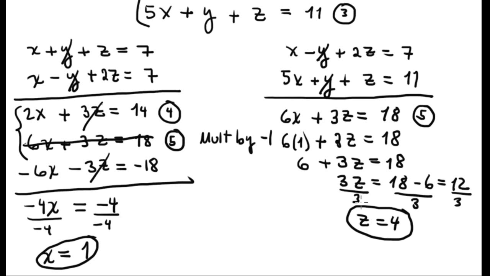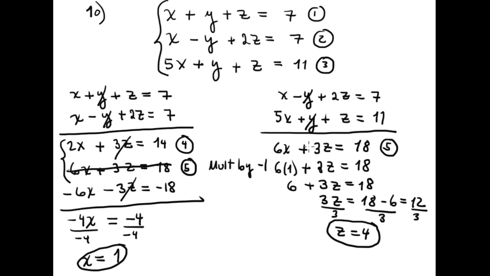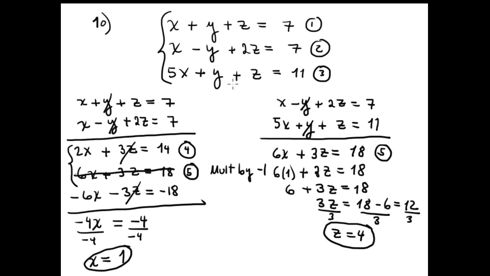Okay, now for finding the last variable, y, you can use either equation number 1, number 2, or number 3. I select the easiest, in my opinion, number 1. This is x is 1, plus y, plus z is 4, is equal 7.